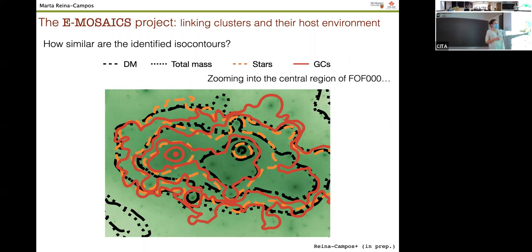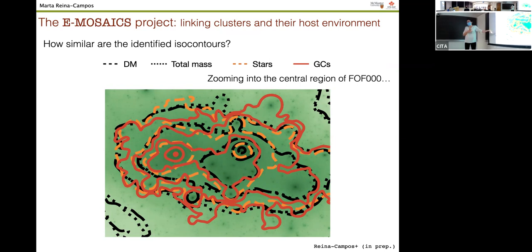As you can see, in the stars we're identifying the central galaxy, whereas the globulars are seeing the central galaxy as well as this envelope that's surrounding the satellite. Whereas if we just focus on where the matter is, then we're just seeing the satellite because it's such a dominant substructure presence in this particular halo.